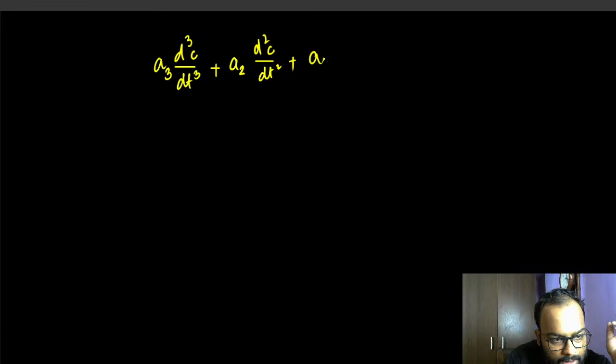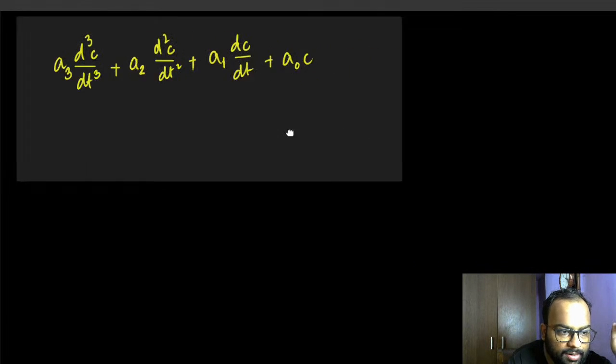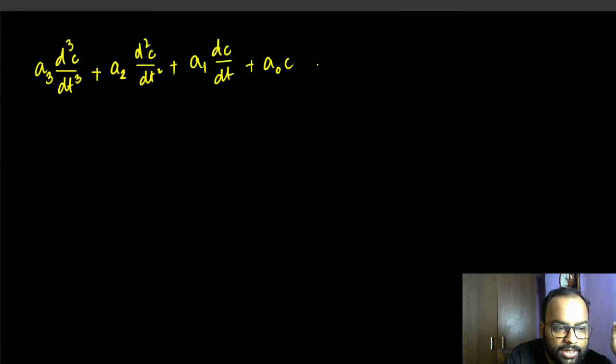Let's say that the system that we are describing is a very simple third order system, and the differential equation now looks like this. All right, so that's the output side. Let's say on the input side we just have the input, so there are no complications here.